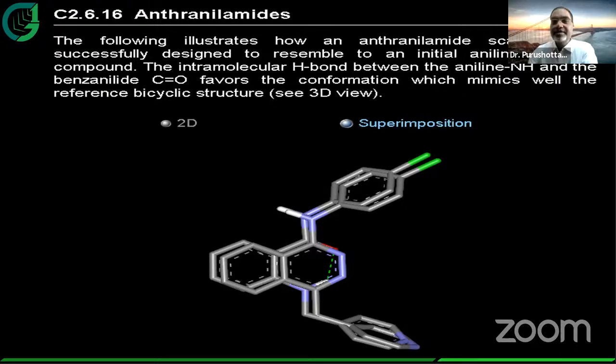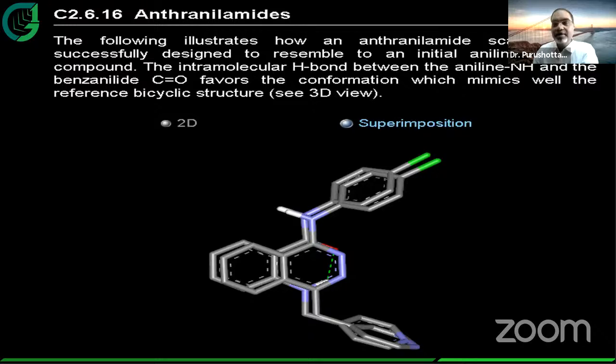But that double bond is mimicked by just an intramolecular hydrogen bond. Here the intramolecular hydrogen bond is between the aniline and the benza-anilide C double bond O ketone group. So a very important example.